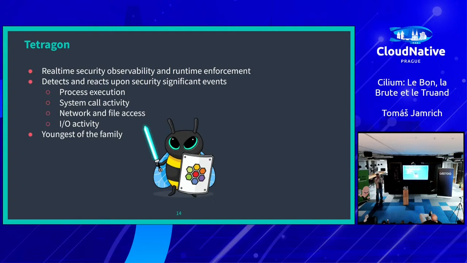You can enforce your policies when, I don't know, you have some suspicious I/O activity or suspicious network file access, or some suspicious system calls happen, and you can act accordingly with Tetragon. Or even when some process is executed which should not be.